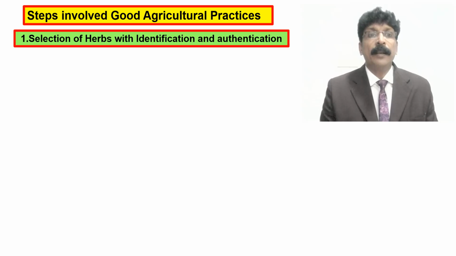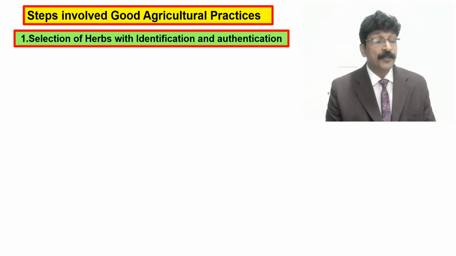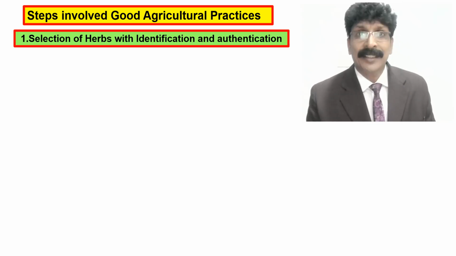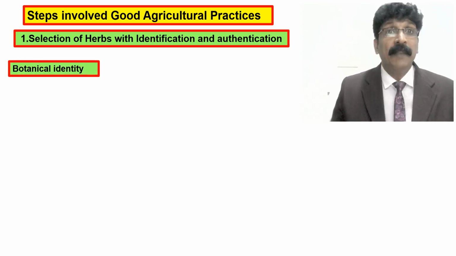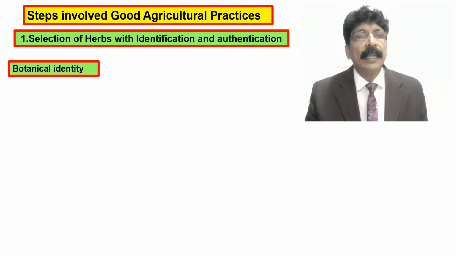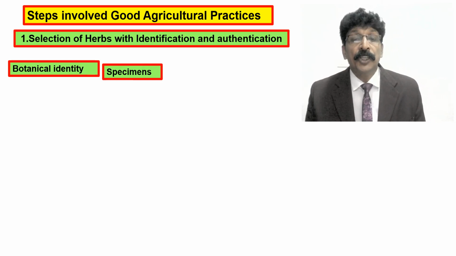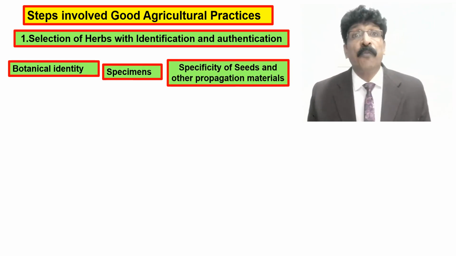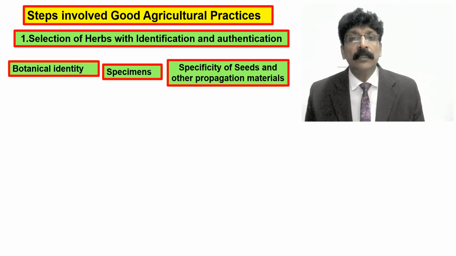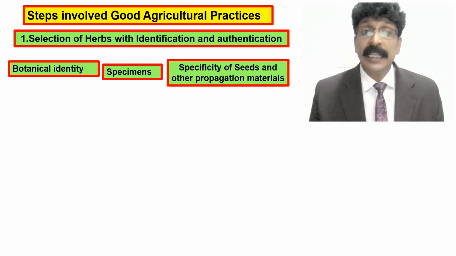Number 1, selection of herbs and identification and authentication, in which botanical identity, specimens, specificity of seeds and other propagation materials.